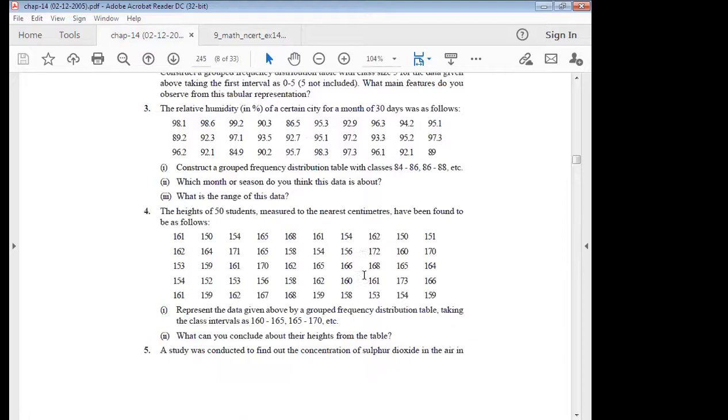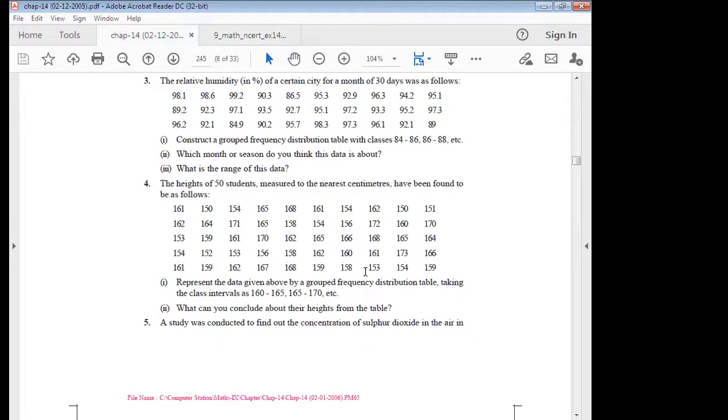In the same way, question number 4: the heights of 50 students are given here, and you convert this table into a group frequency table by taking the class intervals 160 to 165 and 165 to 170. Students, the minimum value or maximum value is very important here. What is the minimum value here, so that you can use the first class interval accordingly?